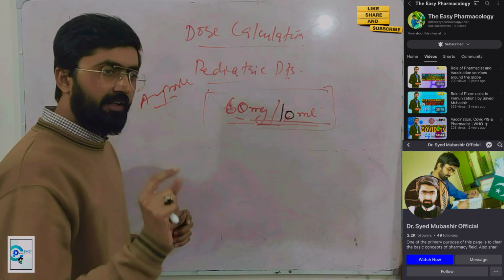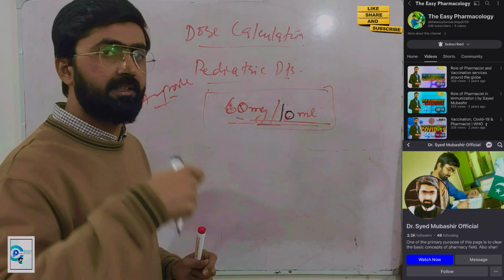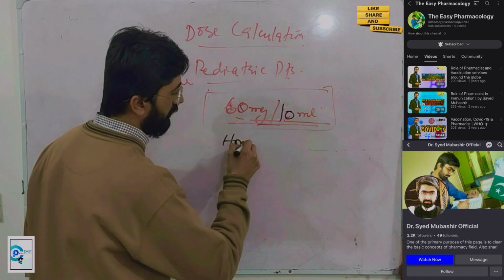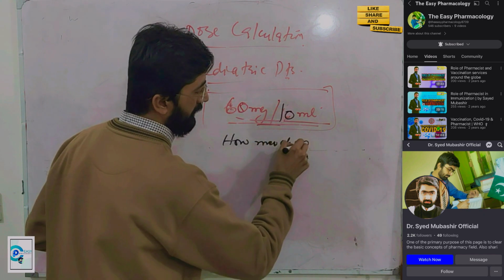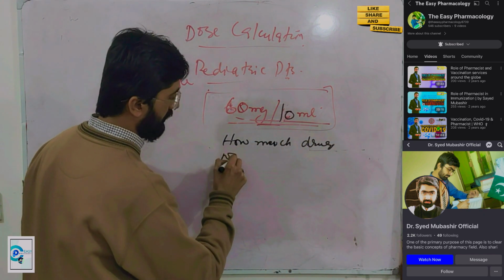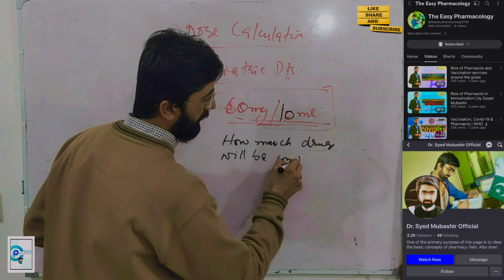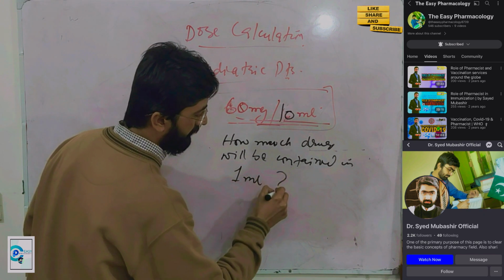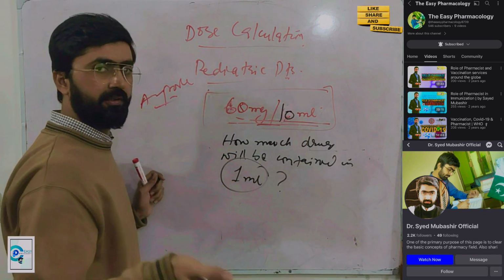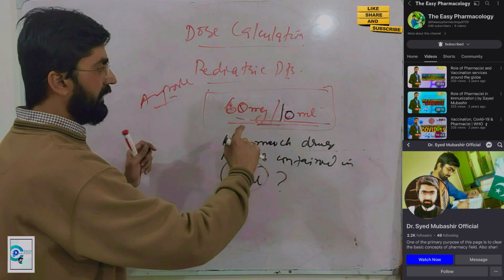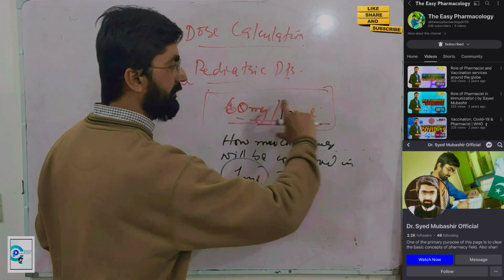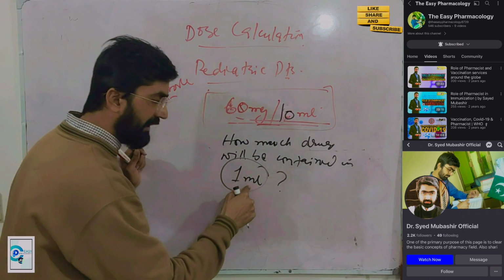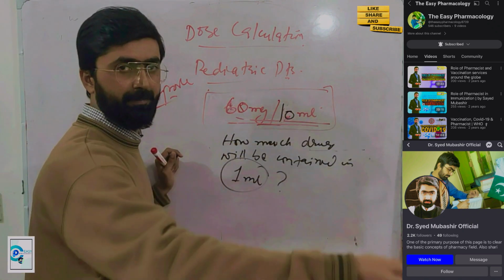The first thing you have to calculate is how much drug will be contained in 1 ml. From the statement of the strength, you have to calculate how much drug will be present in 1 ml.